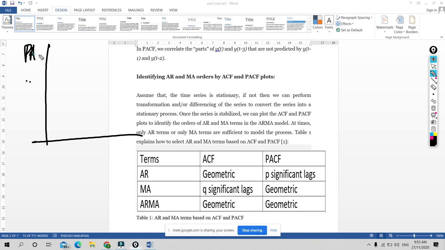And let's say you have up to P, like P. This is φPP, φ sub P of the ARP model. This is what I call the PACF function or PACF graph.